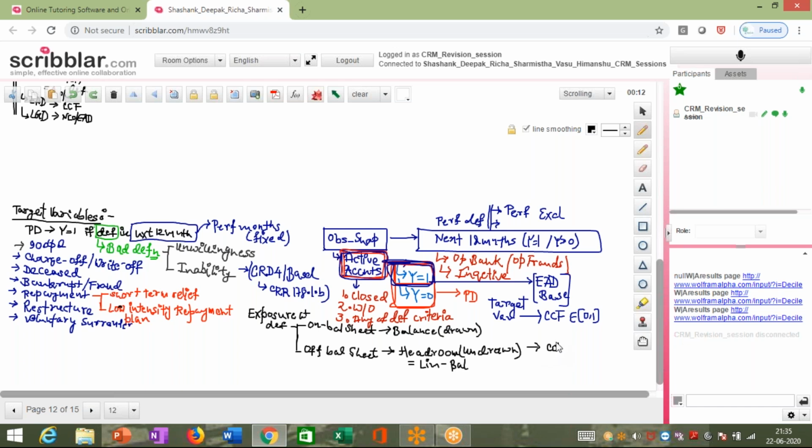CCF is nothing but the credit conversion factor. It is this factor which gives me the on-balance sheet equivalent of the undrawn balance, or the headroom.